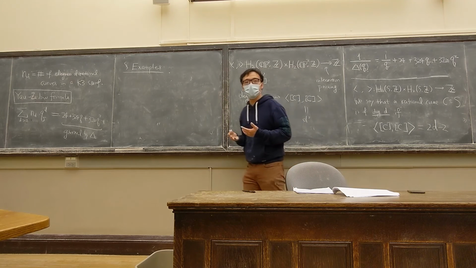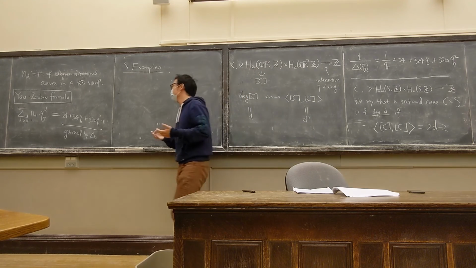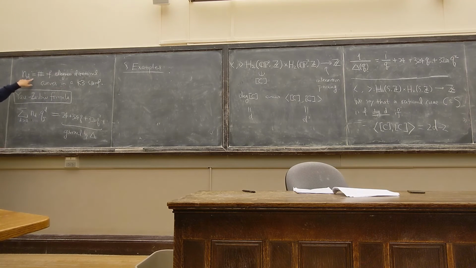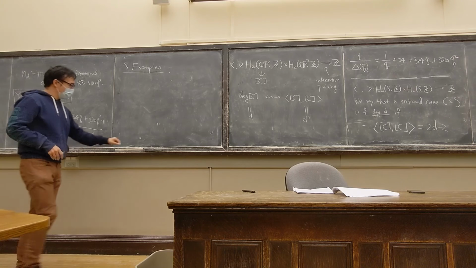But still, so far I cheated a little. You see, when I was writing this, I was using quotation marks. In order to make sense of this number will require a little more work. Here's the question.